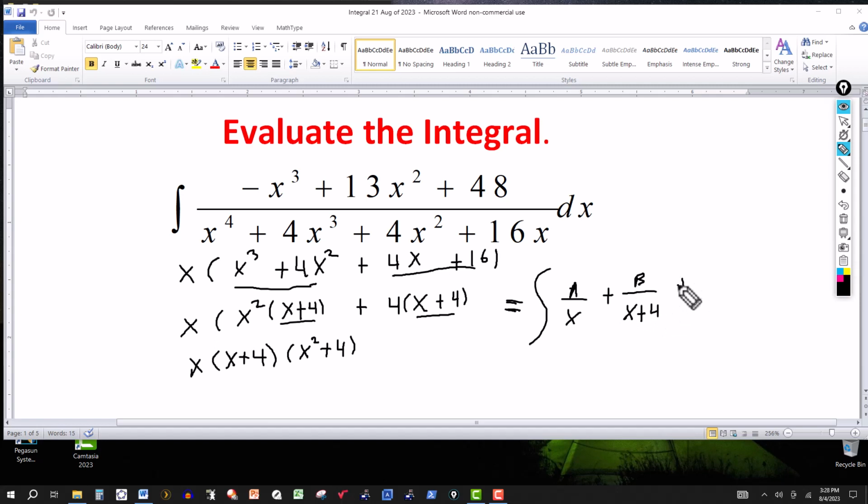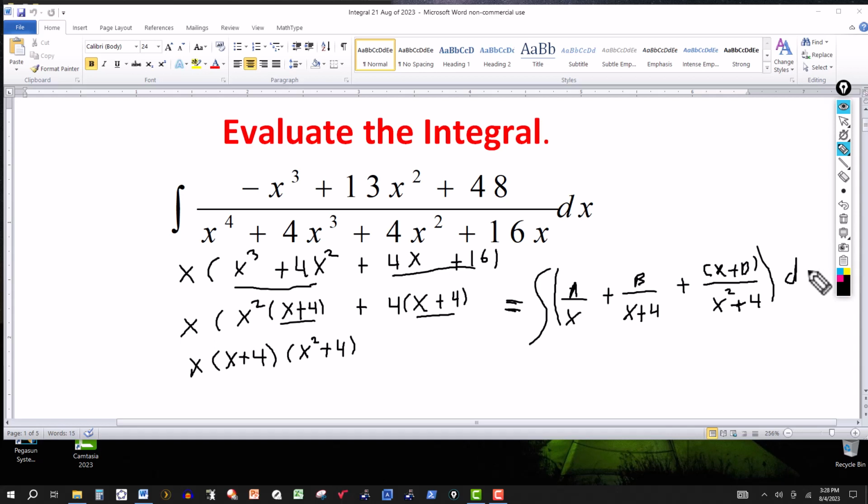Now the next one's an irreducible quadratic. X squared plus 4 doesn't factor over the real numbers, so this one we need degree 1 at least, depending on these constants here. So this would be a Cx plus D over x squared plus 4.